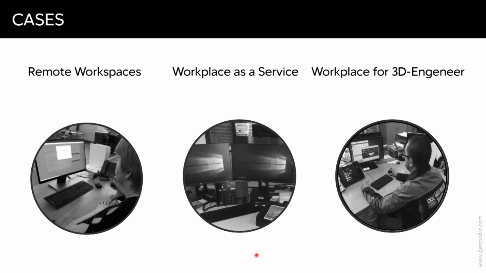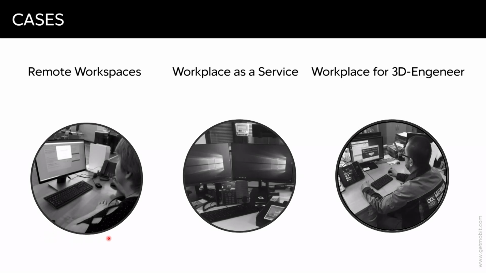Based on this infrastructure, you can create different types of workspaces, like remote ones. For example, it can be home offices for your VIPs. It can be some small areas with around 5 workers, where you then don't need to have any services.